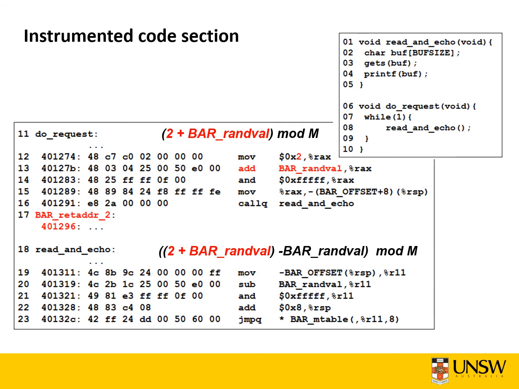In this slide, we give an example to explain how to instrument a call instruction and its corresponding return instruction. At lines 12 to 15, we randomize the return ID and save it on the Bala stack. When the function returns, we retrieve its return ID by undoing the re-randomization as shown at lines 19 to 23.